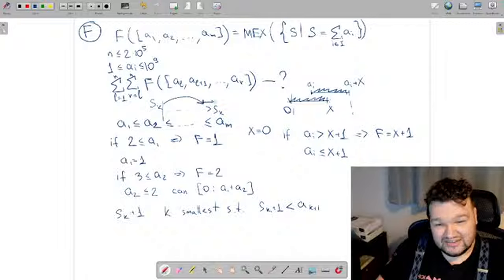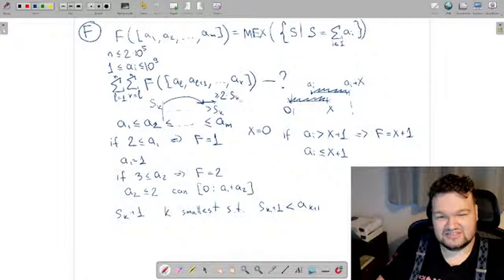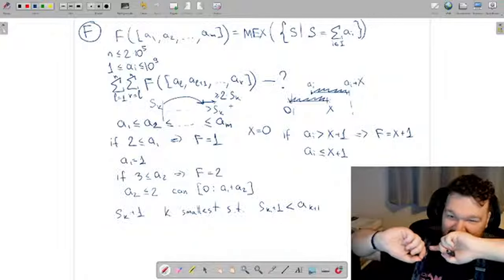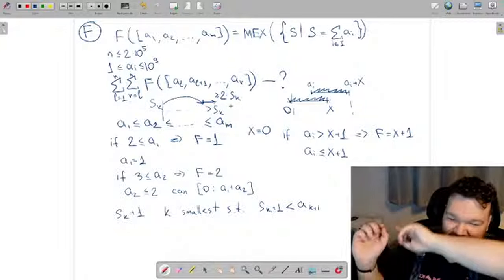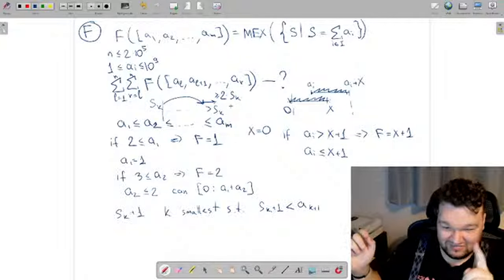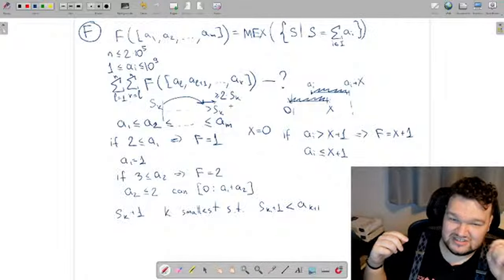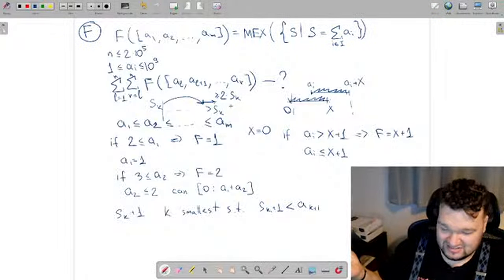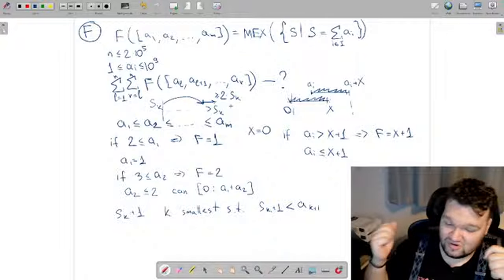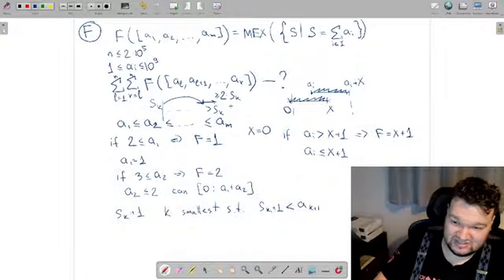So after we add it, after we move 1 to the right, we know that our sum is now at least 2 times sk. So we did one big jump and then one small step, and we know that after that our sum is at least twice as big as it was before, so we cannot have a lot of such steps.